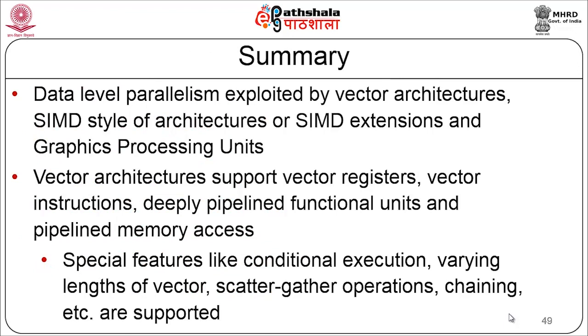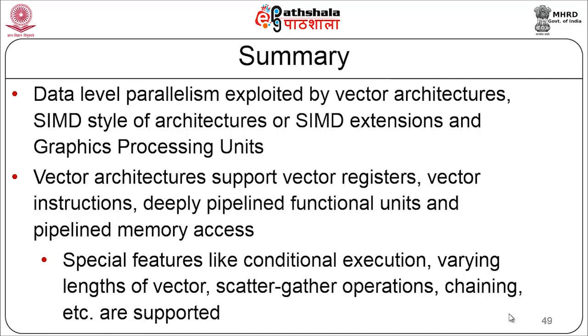So, to summarize, we have seen how data level parallelism can be exploited by 3 different styles of architectures: vector architectures, SIMD style of architectures or SIMD extensions, and GPUs. We have also looked at the differences and similarities between the various types of architectures.